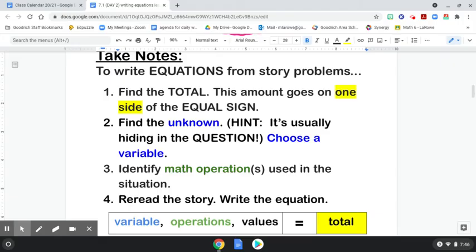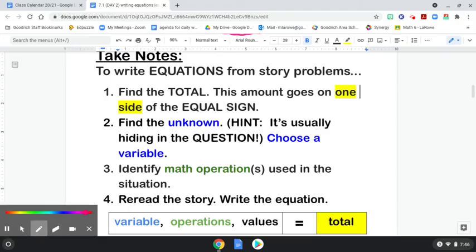This is going to be one side of the equal sign all by itself. If we don't write our equations like this, then in our next lesson, when we're working with inverse operations to solve, you won't be able to show why, because really what you're doing as you shuffle things around is solving it at the same time. But we have to write the equation first, then solve it.